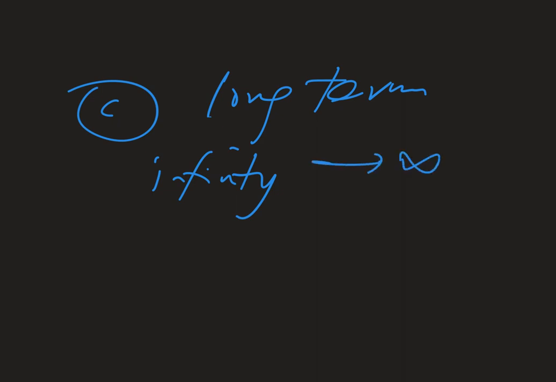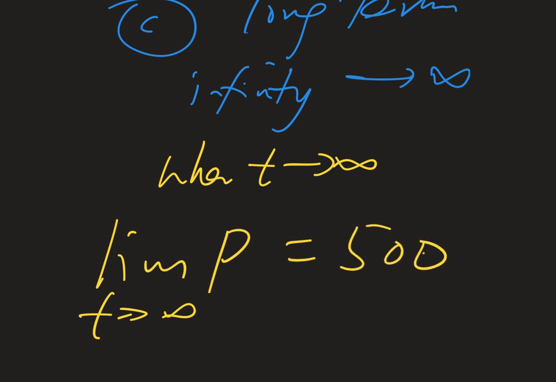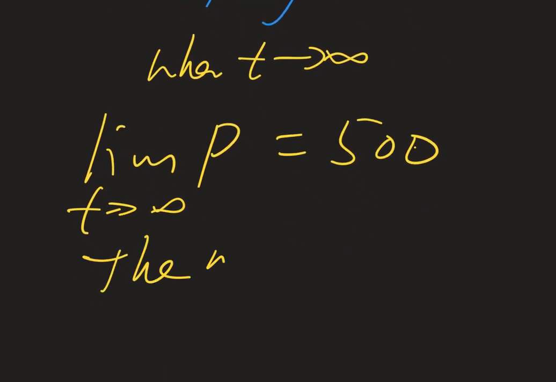So you tell them that when t goes to infinity, taking the limit as t goes to infinity, p becomes 500. That means the maximum population, or not maximum, the population will go towards 500.